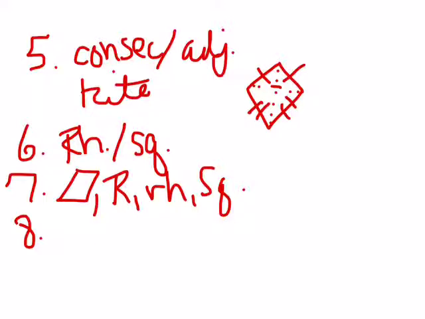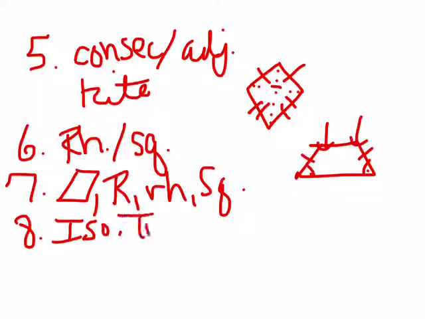When they talk about base angles, you're automatically thinking of the trapezoids, and this is only true for the isosceles trapezoid. It has 2 congruent sides, so it has these angles, and actually, these are congruent as well, both pairs. So this is number 8, isosceles trapezoid.